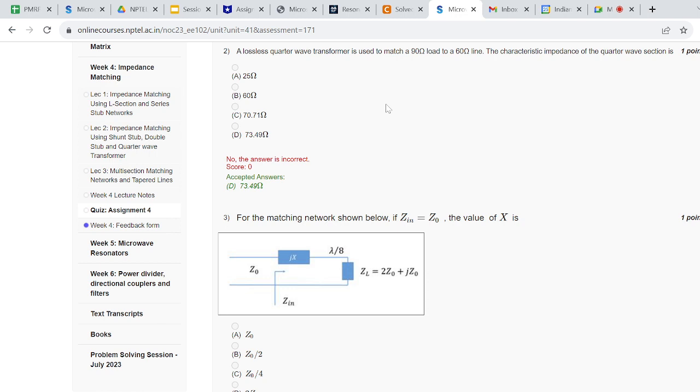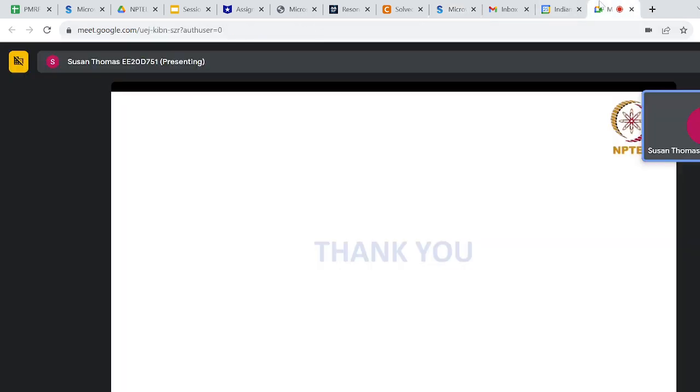One more doubt. What is the difference between log and ln, madam? This is a basic question, but I don't know. Okay.